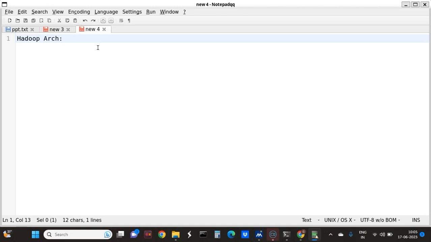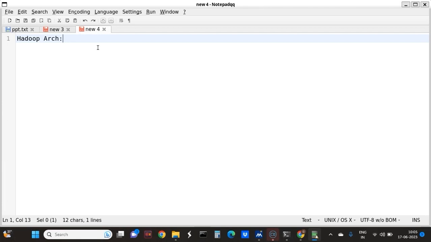In Hadoop architecture, you can see that there is a single master node managing a number of slaves. Each master node consists of a job tracker, task tracker, name node, and data node.